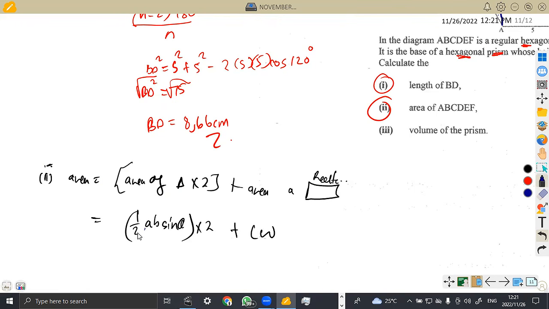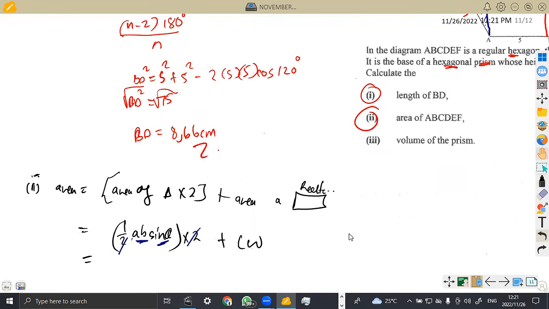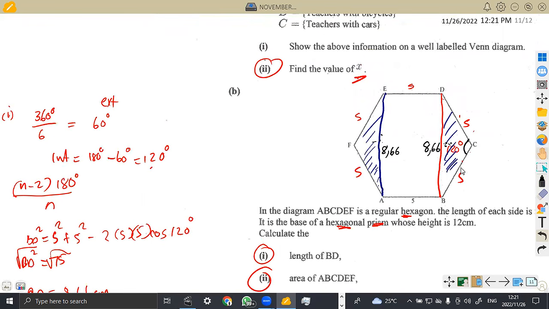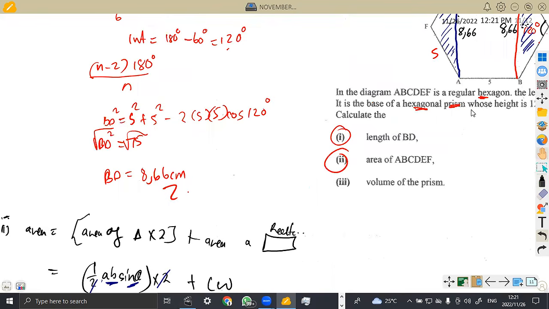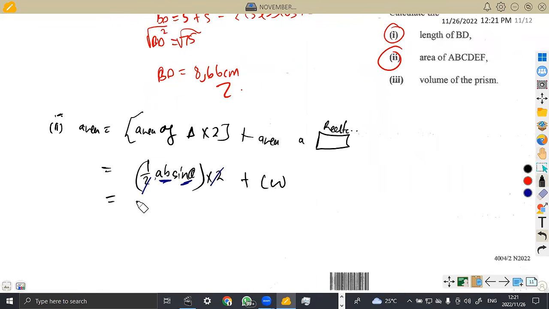But as you can see, guys, the half and 2 can cancel, so you remain with AB sine theta. AB is just 5 times 5, the sides which are creating the angle. So it is going to be 5 times 5 times the sine of the angle. Remember, our angle is 120 degrees.